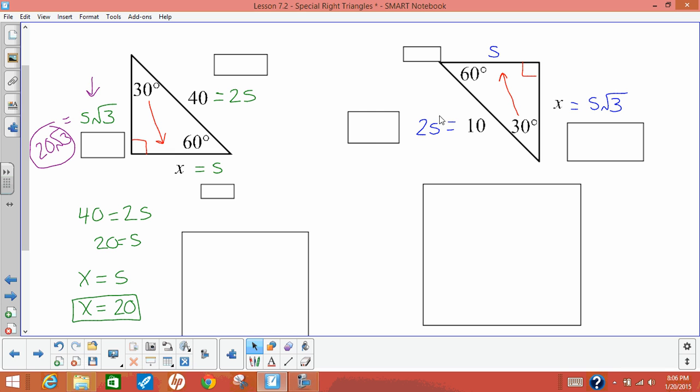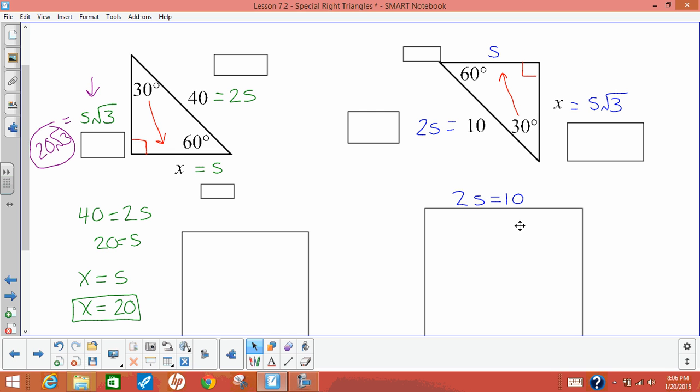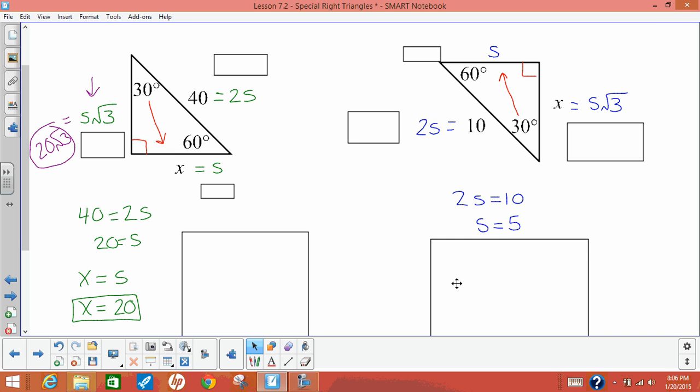So it looks like I have another equation right here, 2s equals 10, that will help me find the value of s. And just as a little heads up, s is just another variable that we're using to help us solve these types of problems. We can solve that quickly, just divide by 2 on both sides and get s equals 5.